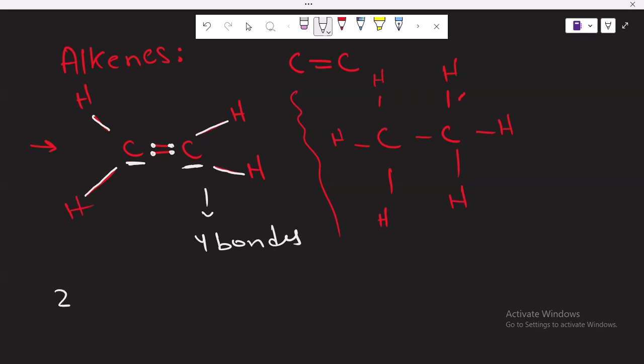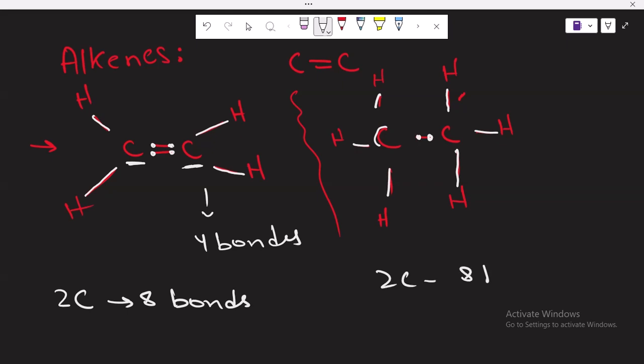So this is how 2 combined carbons have formed 8 bonds. While here, these are all single bonds, so you say one bond here, one bond here, one bond here, and one bond here. These are 4 bonds. And for this carbon, we have one bond here, one bond here, one bond here, and one single bond here. So these 2 carbons have also formed a combination of 8 single bonds.